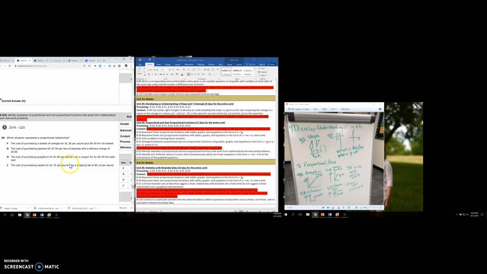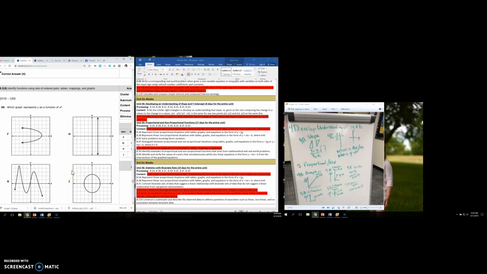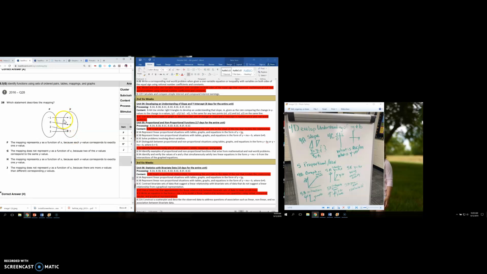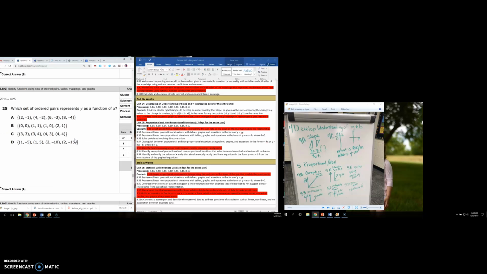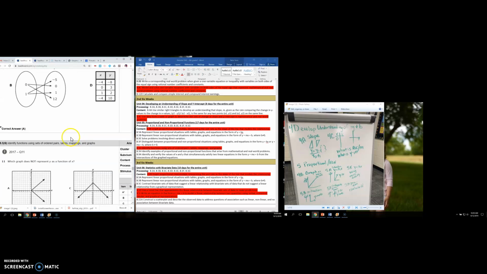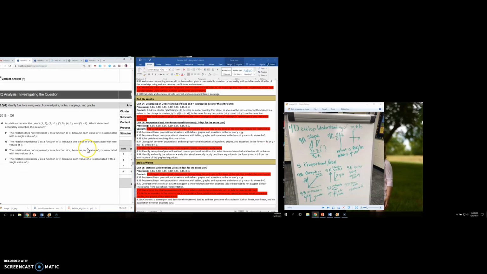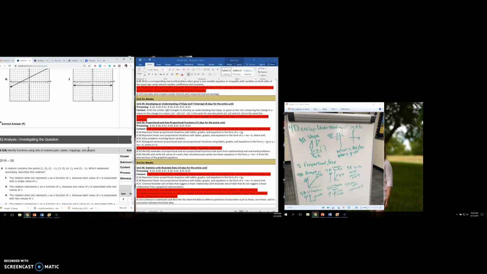In a proportional and non-proportional relationship, it always goes through x and y, and only has, using that language, one value of x for each y, and you can start introducing, all right, here's what other functions might look like in mappings, tables, and graphs, and which one is a function in y. So that's what 5G is about.